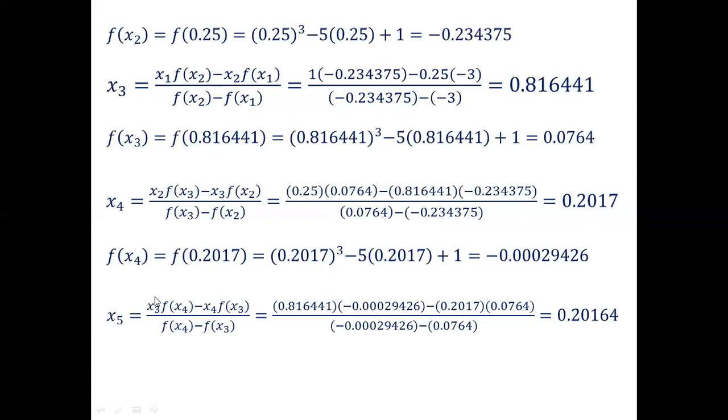Then find x5. x5 is equal to x3 into f of x4 minus x4 into f of x3, divided by f of x4 minus f of x3, which is equal to x3, which is 0.816441, into f of x4, which is minus 0.0029426, minus x4, which is 0.2017, into f of x3, which is 0.0764, divided by f of x4, which is minus 0.0029426, minus f of x3, which is 0.0764.